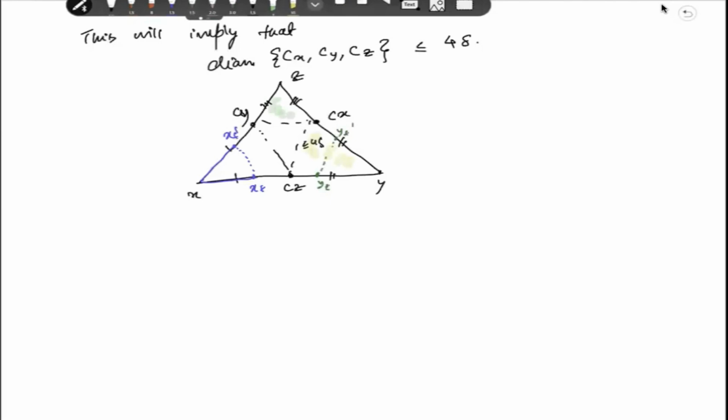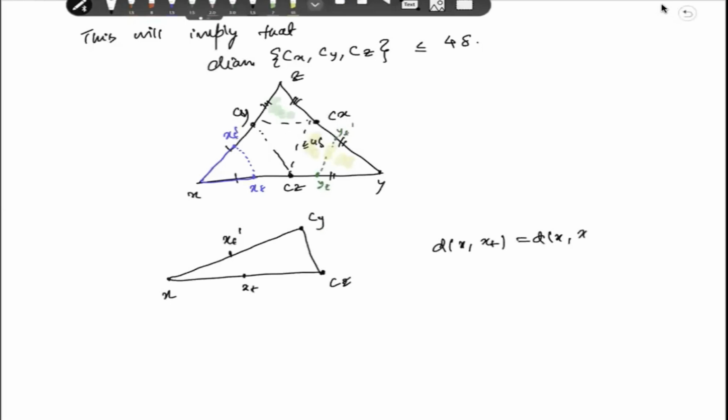Okay, so now let us take this triangle x, Cz, Cy. And now let us take these two points, xt and xt', such that the distance of x to xt is the same as the distance of x to xt'.